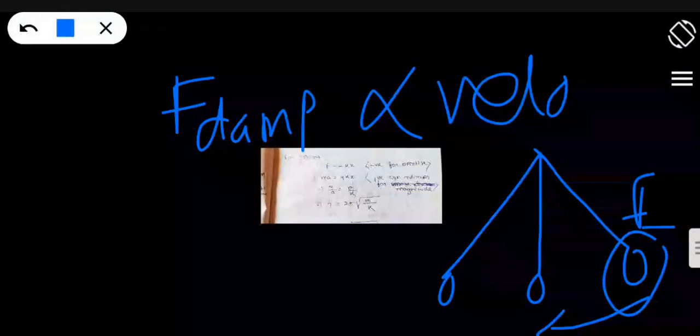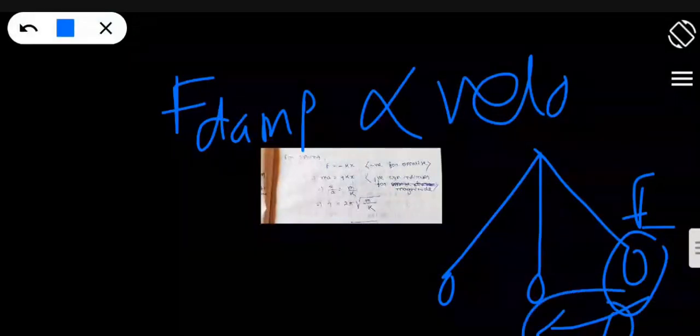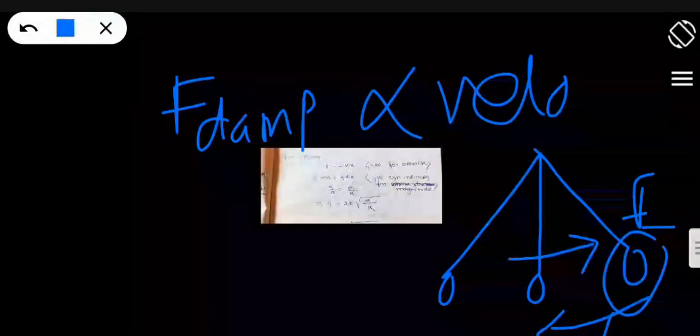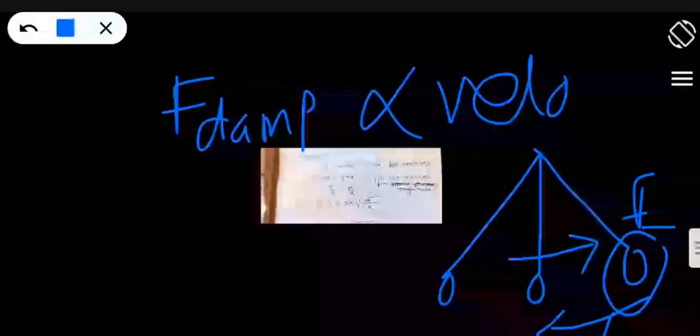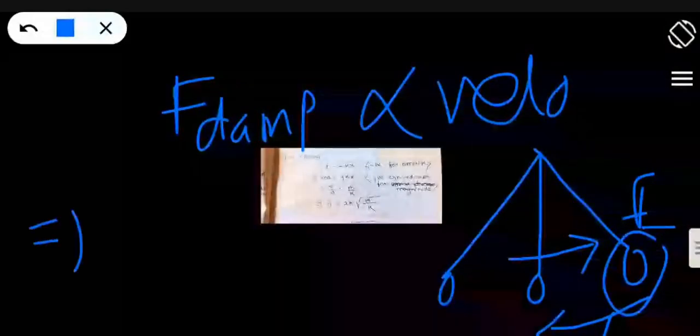When your pendulum goes from the extreme position to the mean position, the velocity acts in this direction, so the force of damping will be in the opposite direction and depends on the velocity.